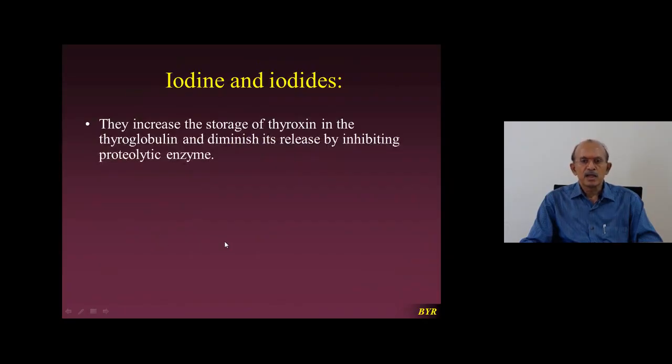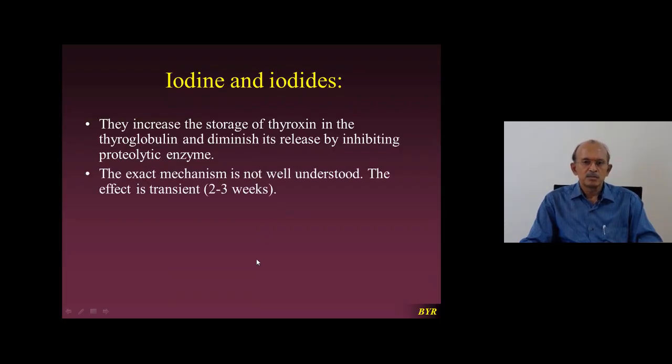Iodides increase the storage of thyroxine in thyroglobulin and diminish its release by inhibiting the proteolytic enzyme. So when you give large amounts of iodine and iodides, they block the proteolytic enzyme in the thyroglobulin. That's why thyroxine hormone is not released from the thyroglobulin and is stored more in the globulin.